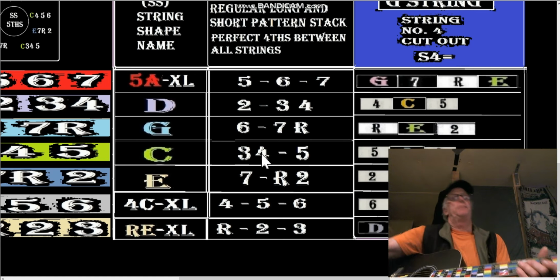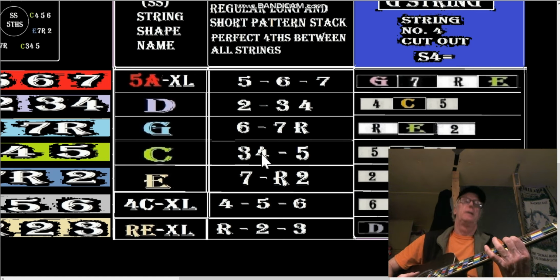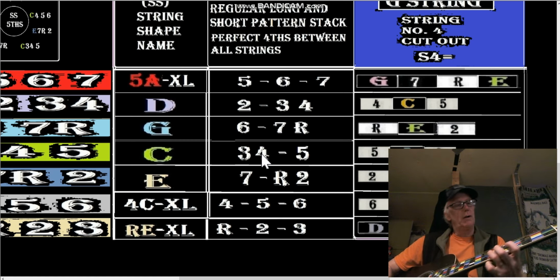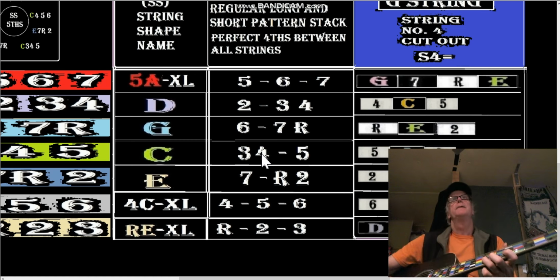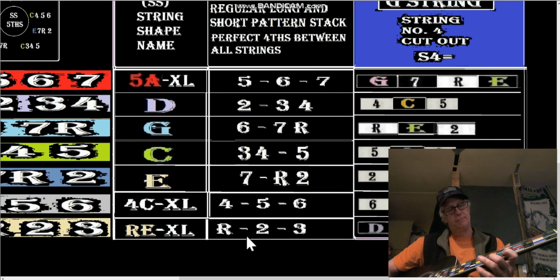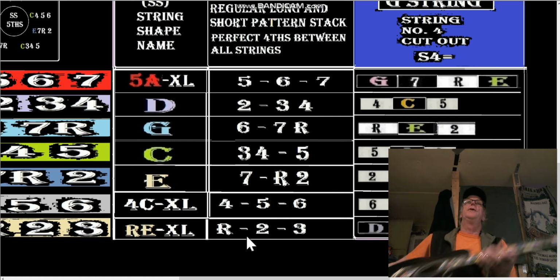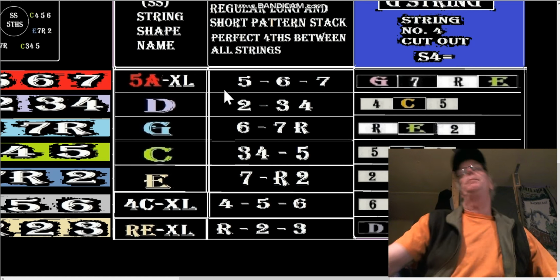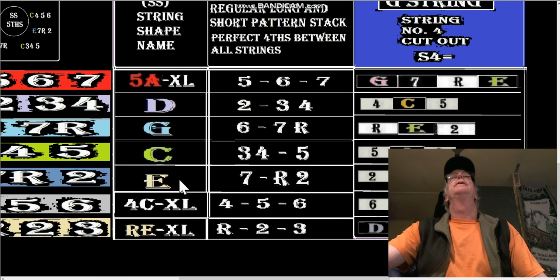You can start on 3, 4, 5 up here: 3, 4, 5, 6, 7, root, 2, 3, 4, 5, 6, 7. We come around to here again, to root, 2, 3, and then 4, 5, 6. All right, so that's what the all-encompassing long pattern is.